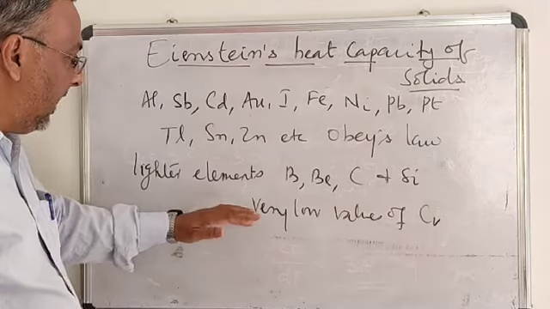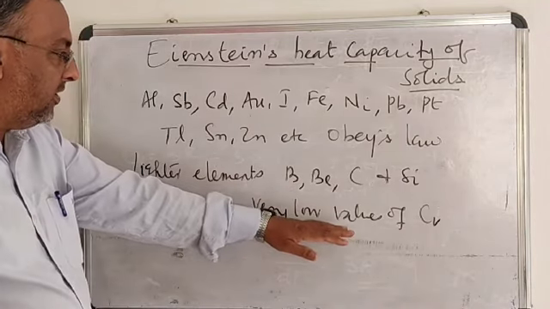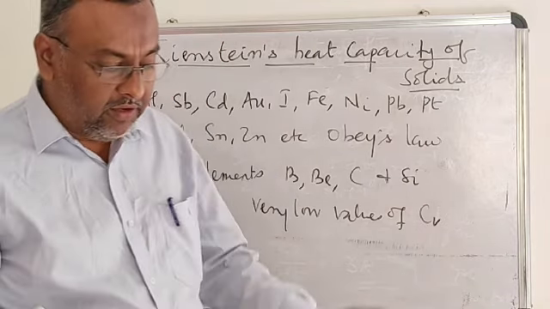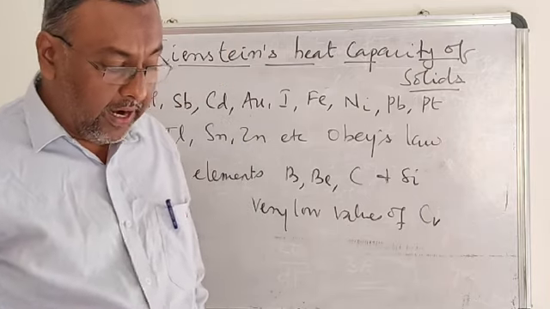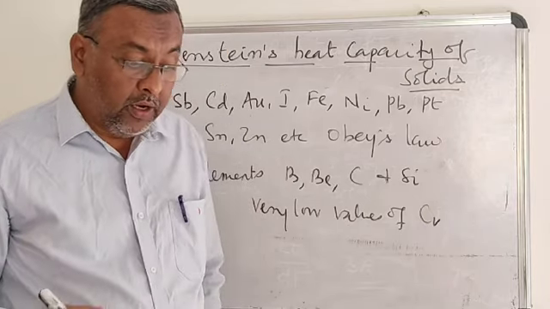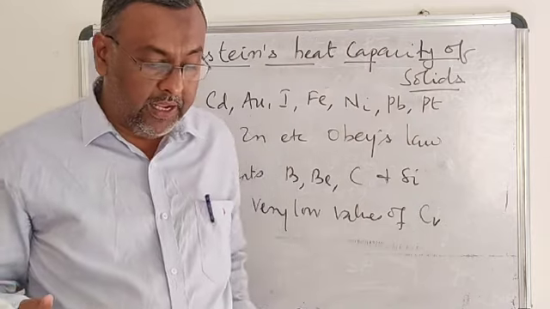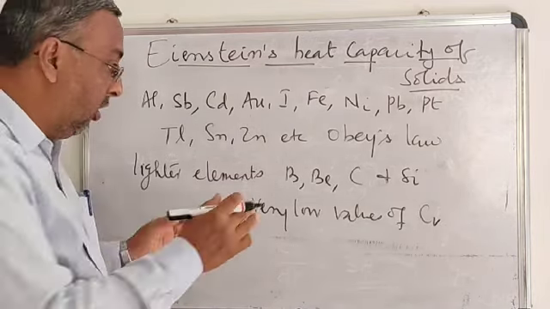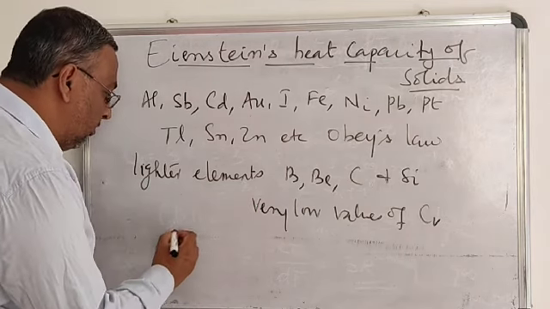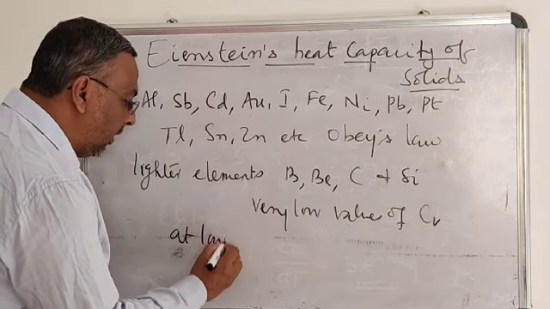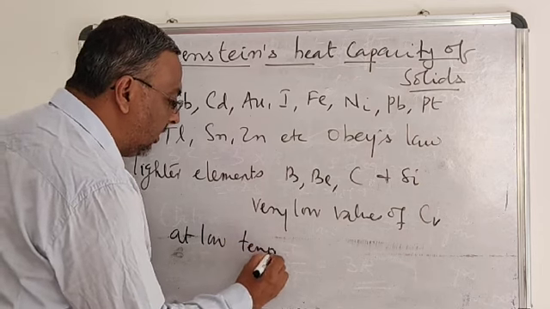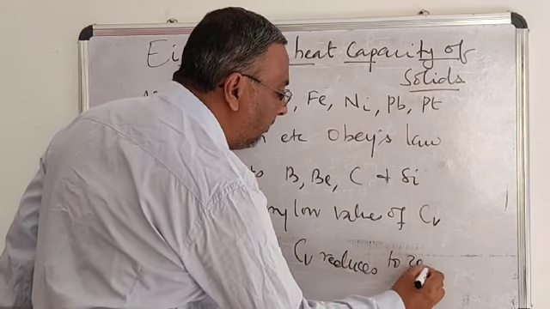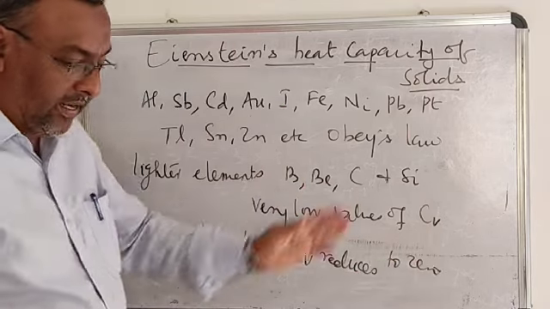So these lighter elements do not obey Dulong-Petit's law. The Cv value does not change appreciably with increase in temperature, and at very low temperatures Cv reduces to 0 in all these lighter elements.